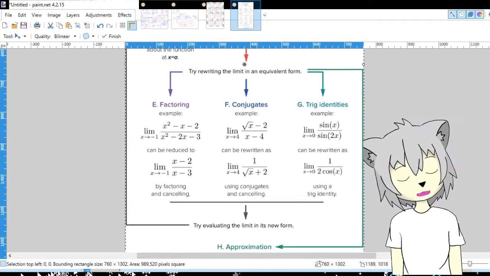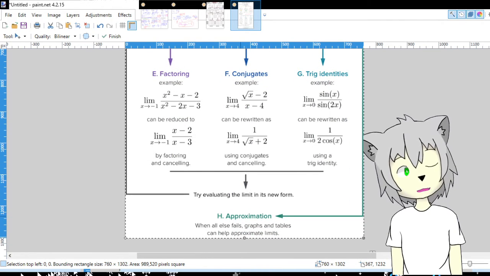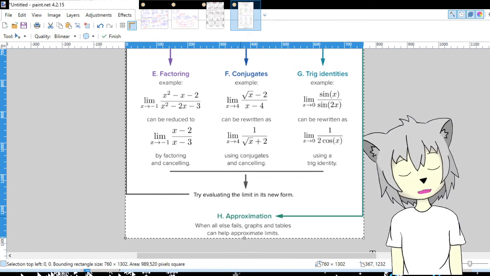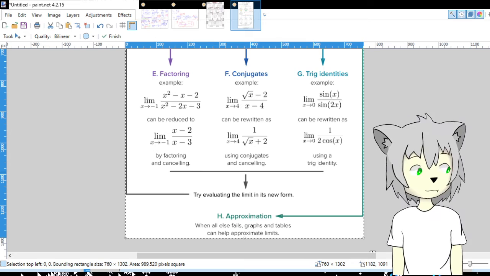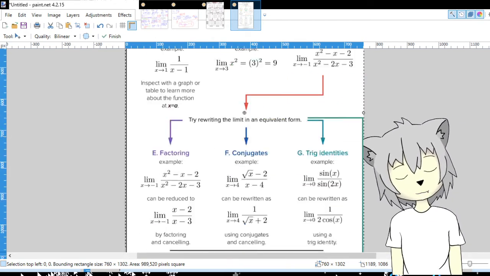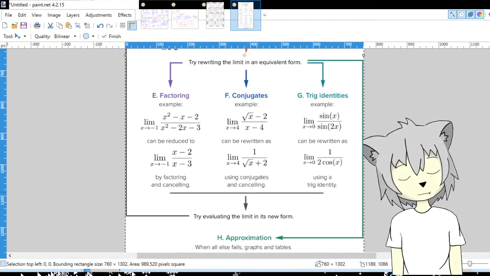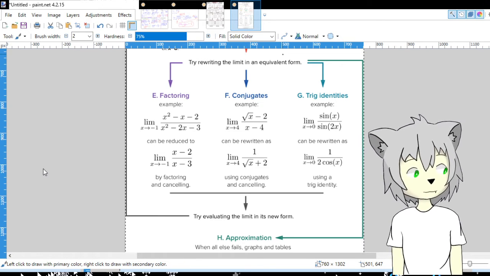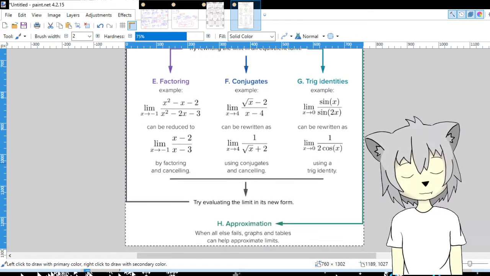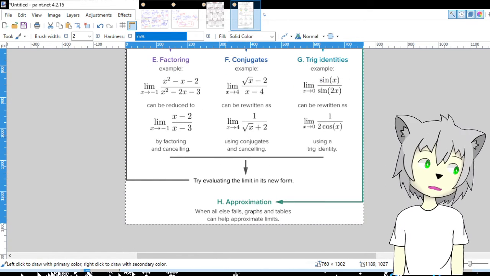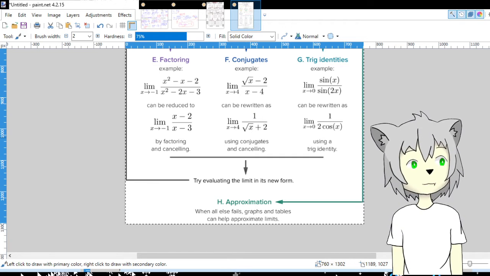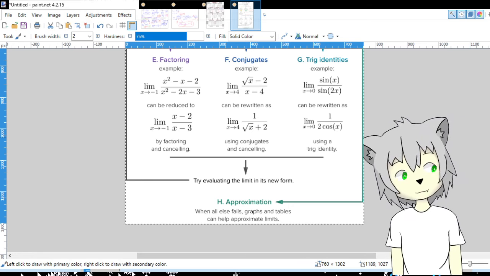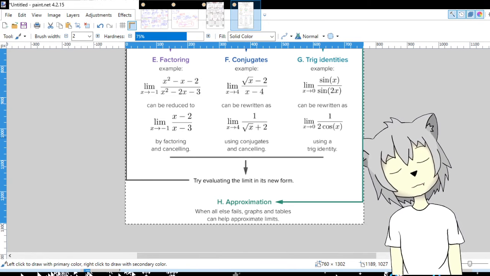Although, now that I read this, I remember. Sometimes that stuff just straight up doesn't work. It doesn't matter how much you try to write it in an equivalent form, simplify, factor out things, and use identities. You could honestly just type it into your calculator.